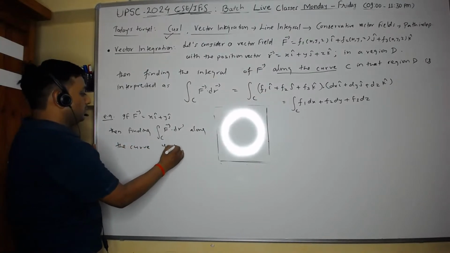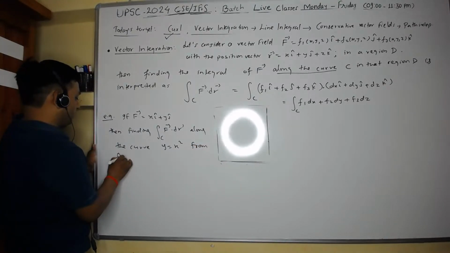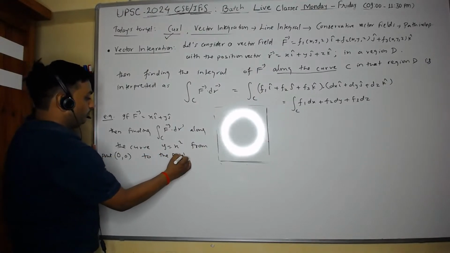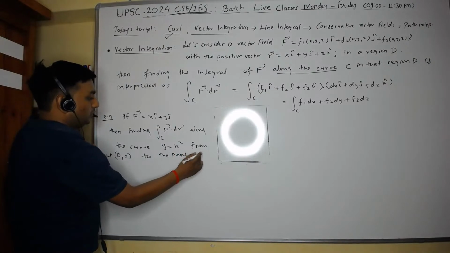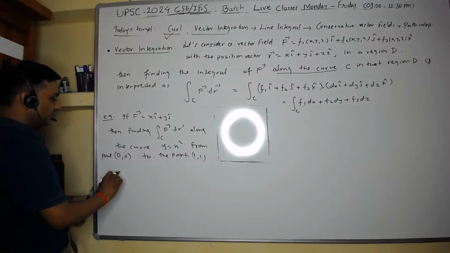Along the curve y equal to x square from point 0, 0 to the point 1, 1, let's say. ठीक है? So let's interpret this.